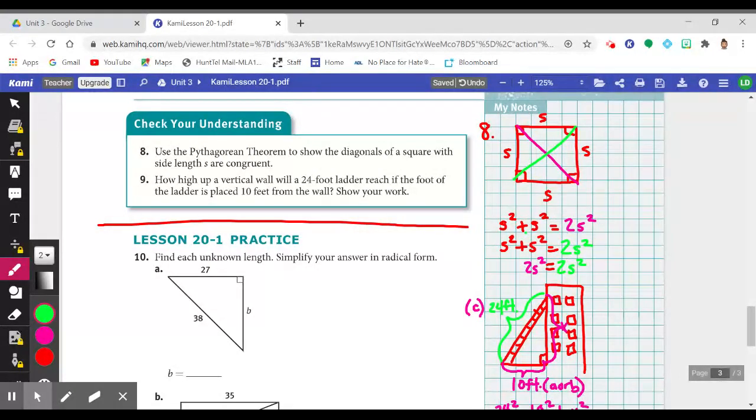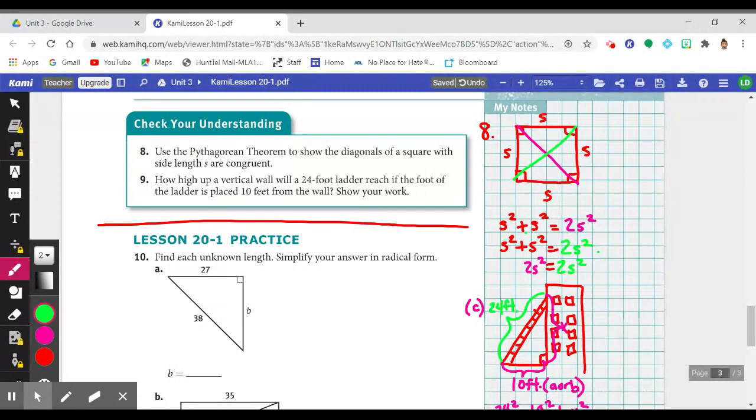And so we're using the Pythagorean theorem here because a square has right angles, and therefore we could draw it as right triangles. So to find the length of this green segment, we're going to take this side and this side, square both sides and add it together, and we also get 2s squared. So because 2s squared is equal to 2s squared, we just show that the diagonals of a square are in fact congruent.